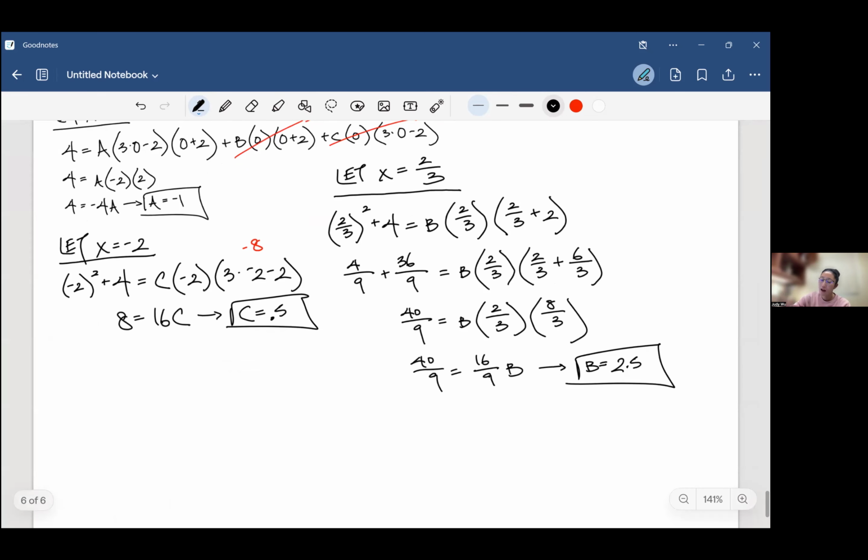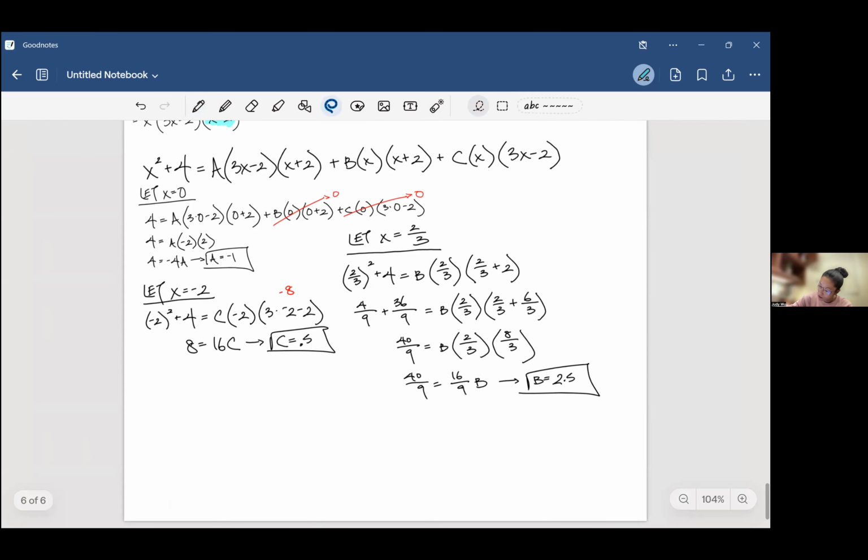Okay. One word of advice, don't take 2/3 and round it to 0.6. If you round it to 0.6, you're going to get a weird number at the end because you rounded. So if it's a fraction, keep it a fraction as long as possible so you don't get the wrong number at the end of the day.